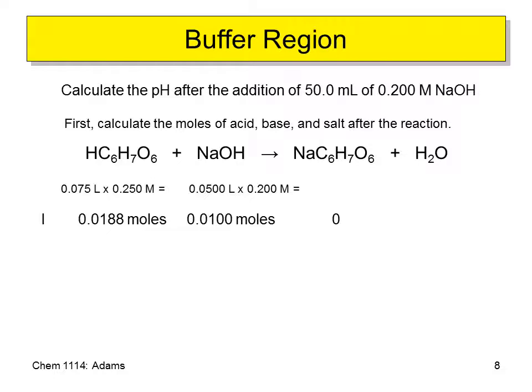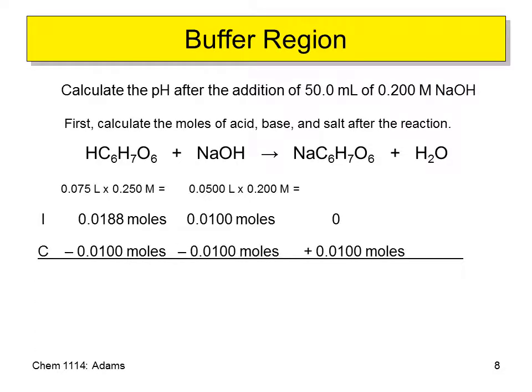One of your reactants is going to run out way before the other one does, and that is sodium hydroxide. So only that amount can react. So only 0.0100 moles can react. And if you look on the product side, only 0.01 moles can be formed.